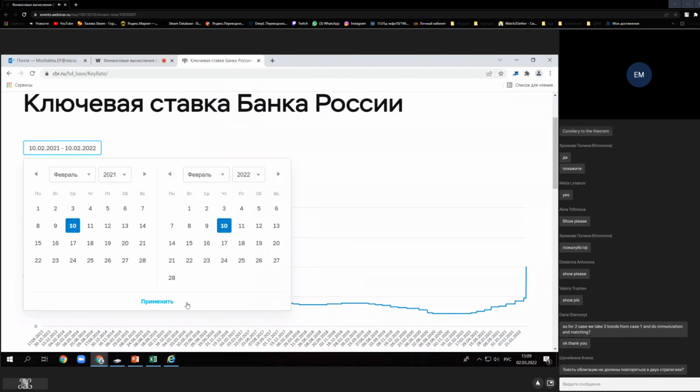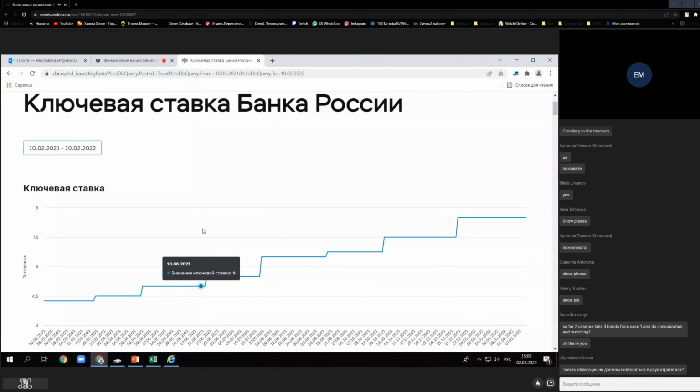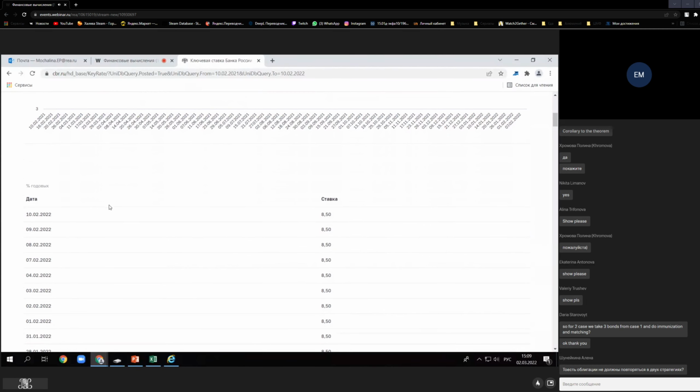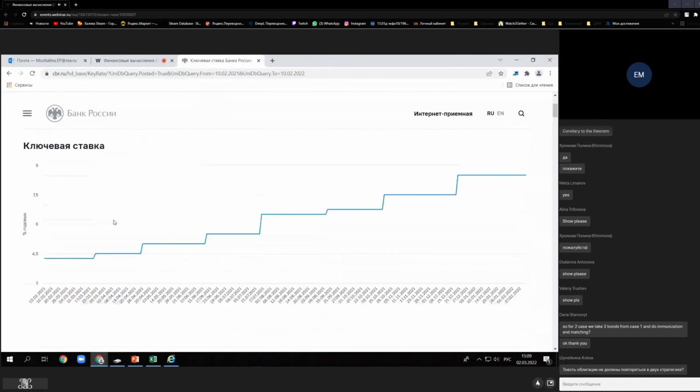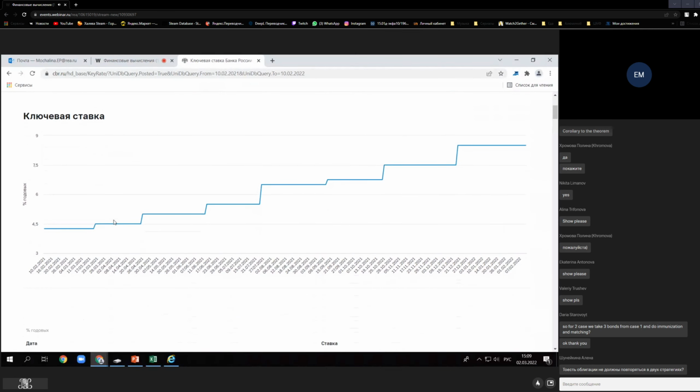And you will find the information. You can upload this information from here and calculate the weighted rate. And you will use this weighted rate to calculate RF in real life.